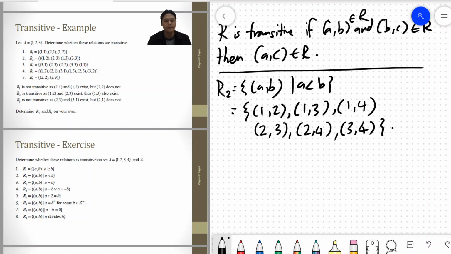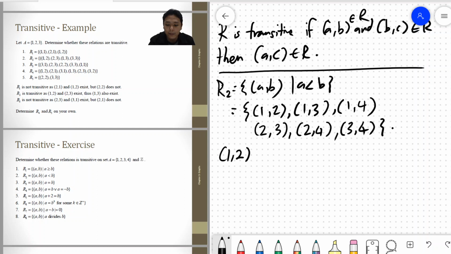Just now I already showed that if you can find (1, 2) and (2, 3) and so on, then it must have (1, 3). And that happens to exist in this particular example.